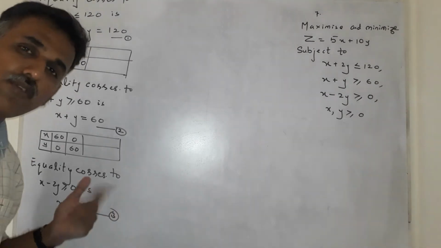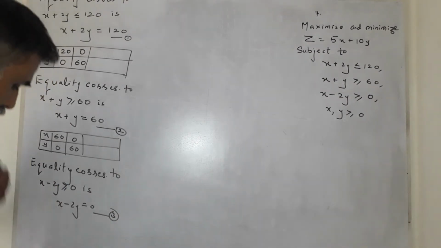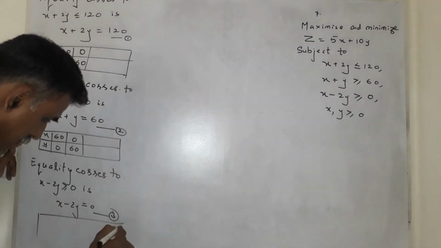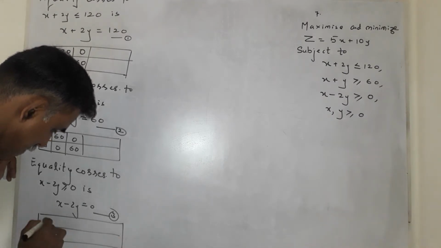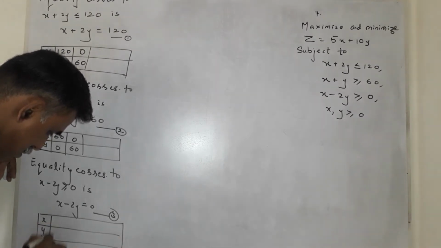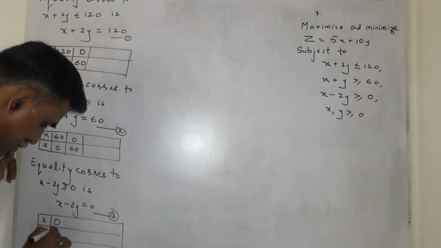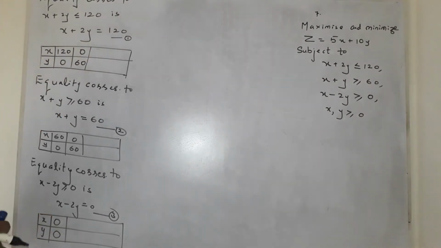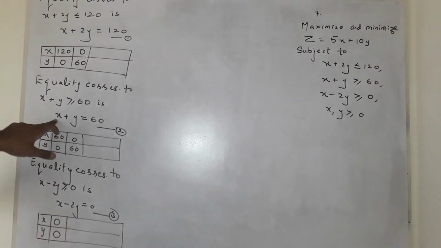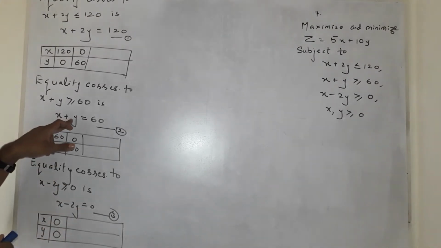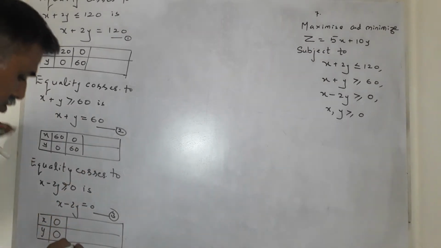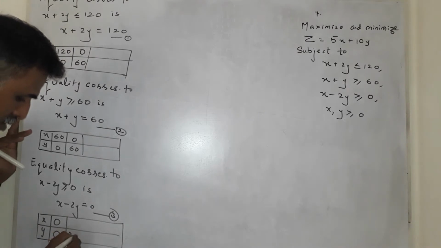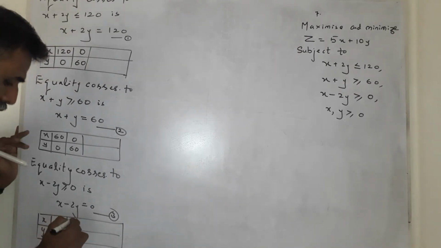When the constant term is 0, the line passes through origin. Here x is equal to 2y. So if we substitute x equal to 2y, 2y plus y, 3y is equal to 60. Now 3y is 60, that means y is 20. Y is 20, then x is 40.